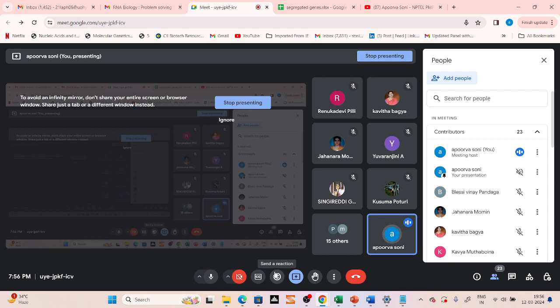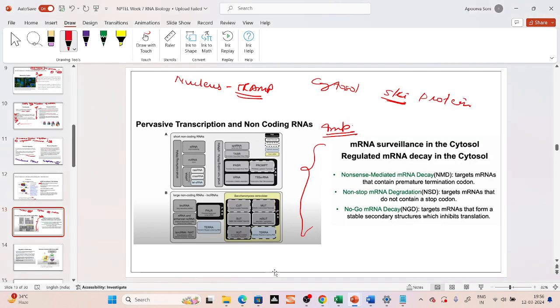So basically, when a mutation occurs in the stop codons, then the protein which is formed is a truncated protein. If the length of the protein is 600, because of the nonsense mutation, it might come down to, let's say, 250. So this is a nonsense mutation.